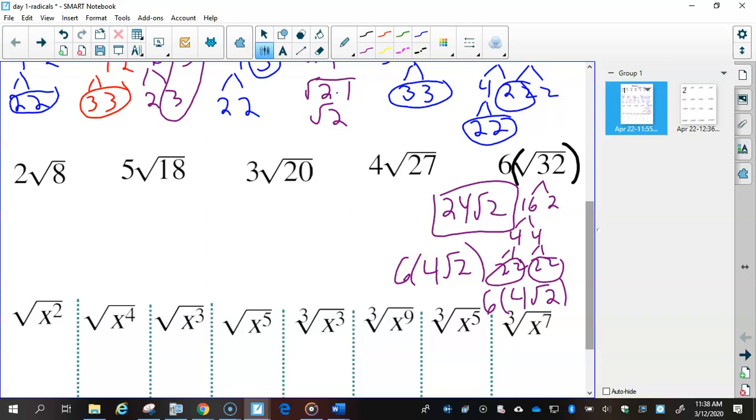I really don't expect you to remember any of these numbers because they're going to change and be different all the time. But I will say the easiest one is 8 because it's 2 square root of 2. I want you to go ahead and try those 4. And then we'll come back and we'll talk about those answers.